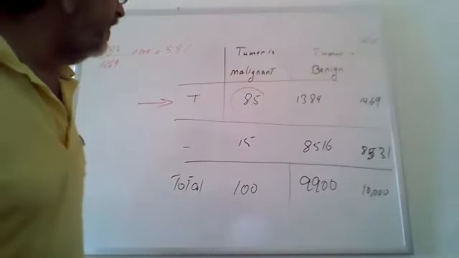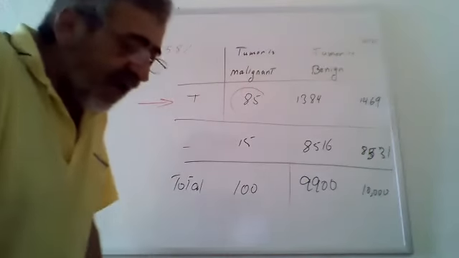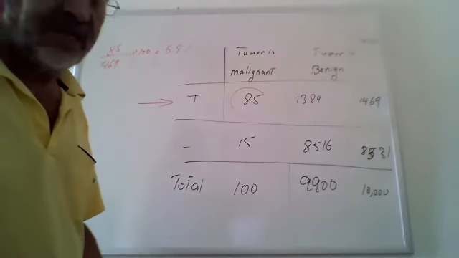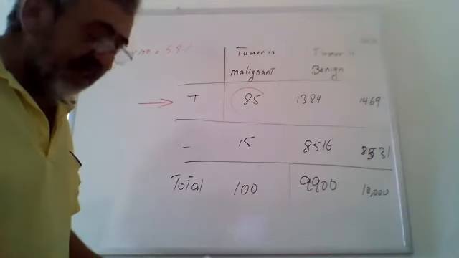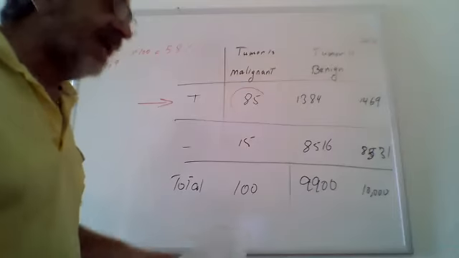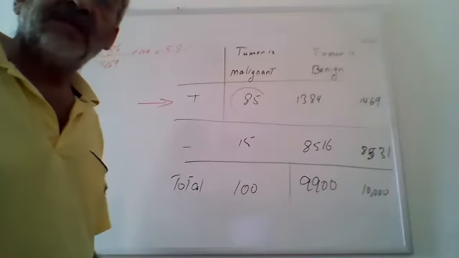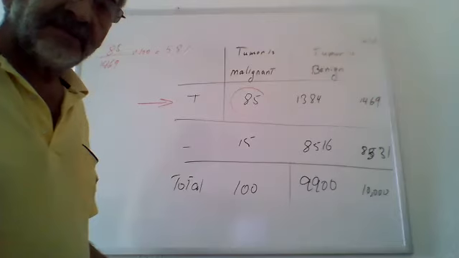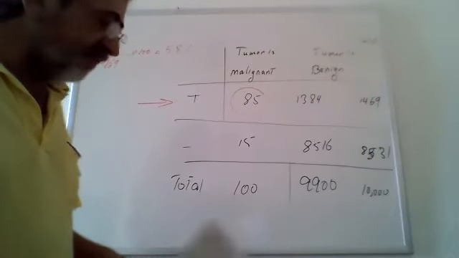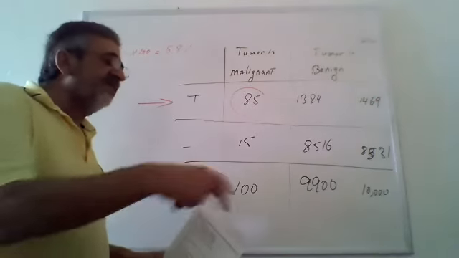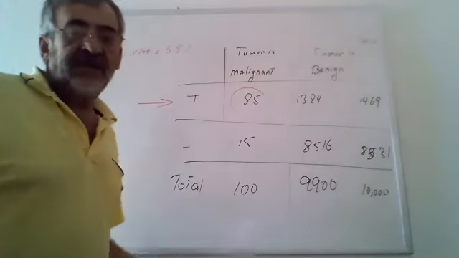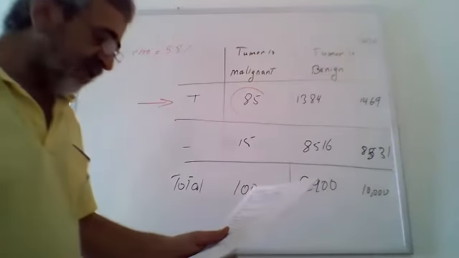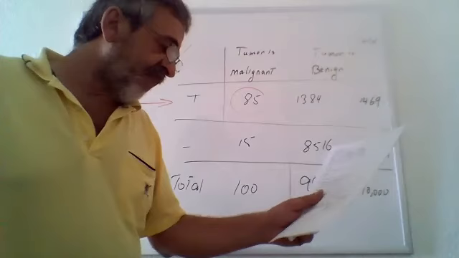So if they are diagnosed as having cancer, that means you have an 85% possibility you have cancer. Why? Because the test is 85% accurate. Does that make sense? Yes, sir. So if I test you with that test, which is 85% accurate, then I would say there's an 85% chance that you may have cancer.